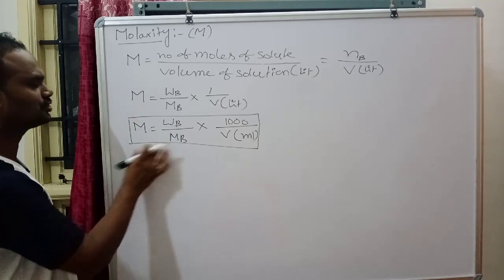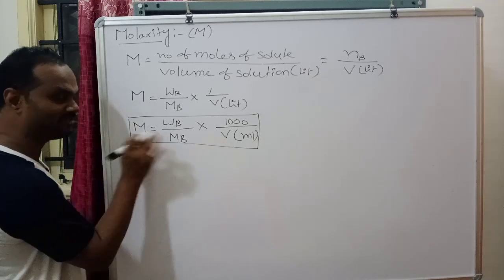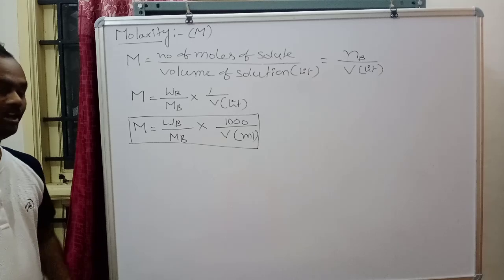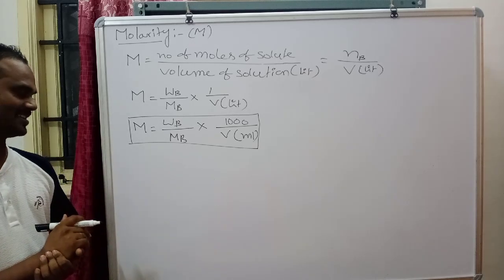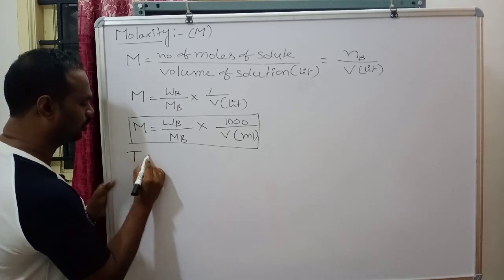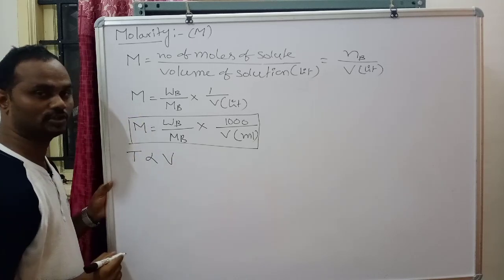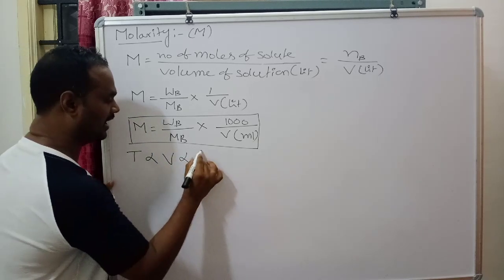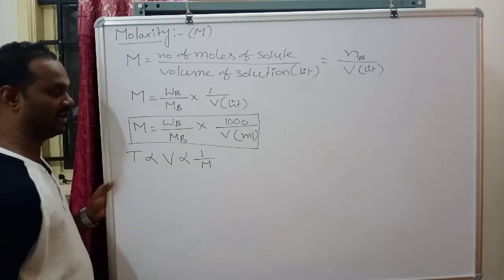Carefully see, according to this formula, molarity and volume of the solution are inversely proportional to each other. With increasing volume, molarity decreases. Volume is directly proportional to temperature, and molarity is inversely proportional to volume.